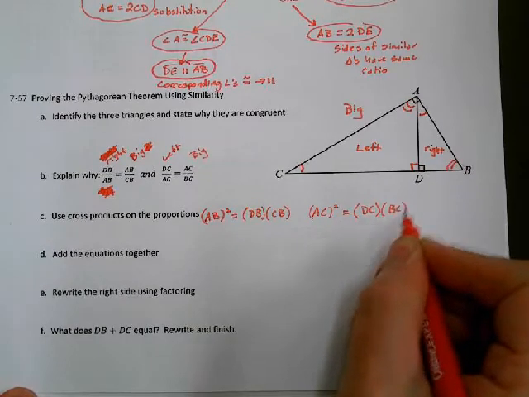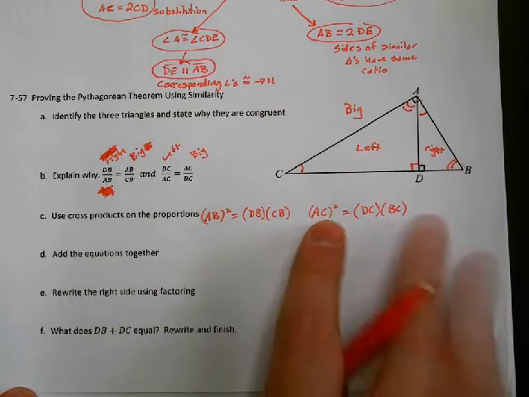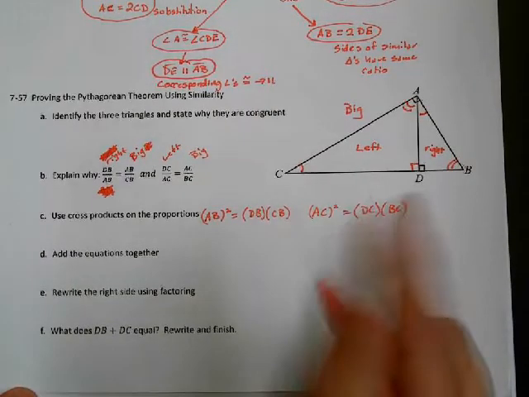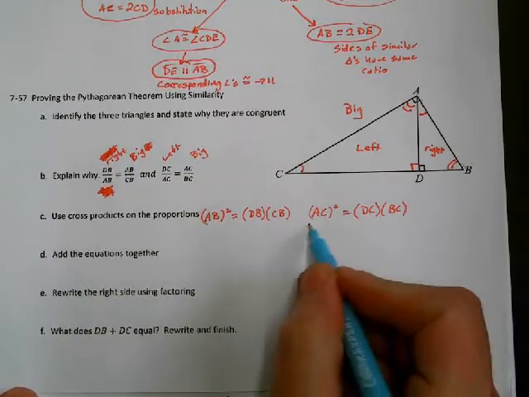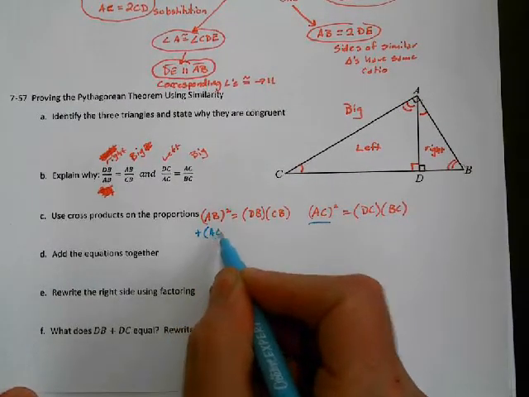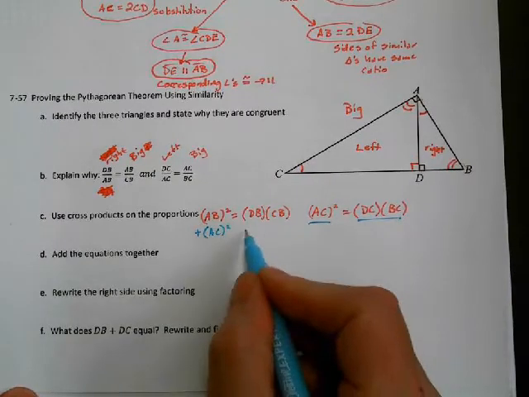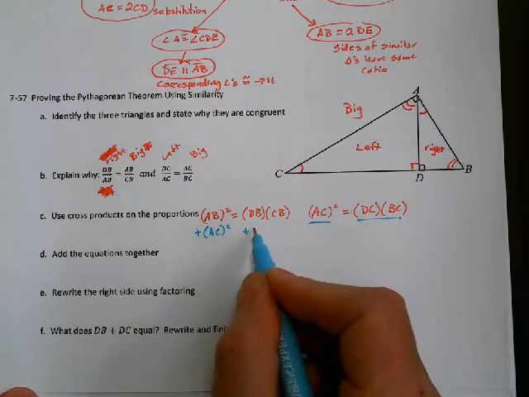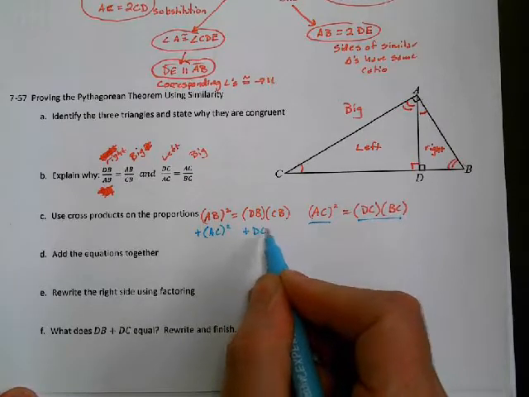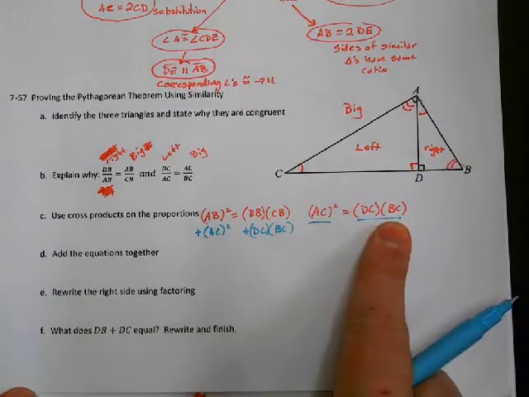All right, now we're going to add the equations together. So an equation says that this side's equal to this side. So what I can do is take this and add it to this side, and then I can take this and add it to the other side. Since they're equal to each other, I can add one to one side and one to the other side.